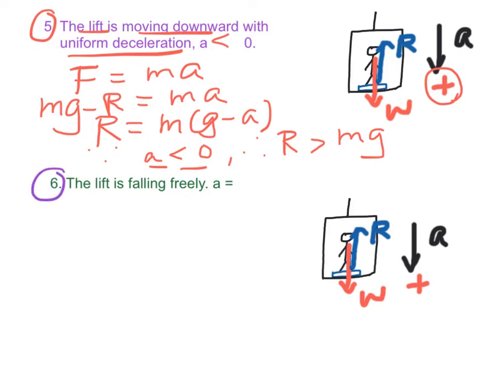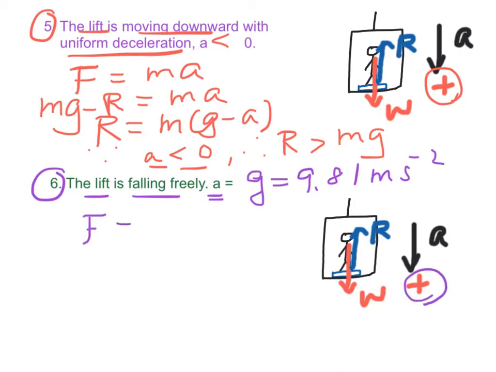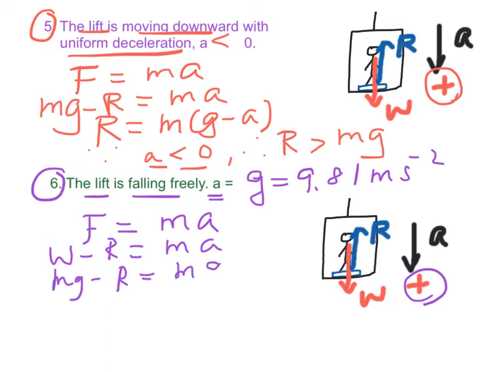For the last case, 6, the lift is falling freely. That means the acceleration is downward with a equal to g equal to 9.81 meters per second squared. If we take downward as positive, then by F equal to ma, we have W minus R equal to ma, mg minus R equal to mg, because a equal to g.